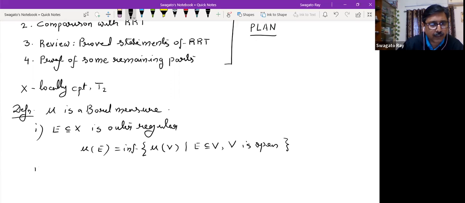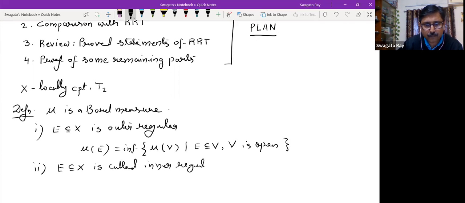Now there is a notion called inner regularity. So again, E is a subset of X. This is called inner regular if the measure of E is the supremum. That means, since it's inner regular, you are trying to approximate by certain objects which are sitting inside E. What are those objects?